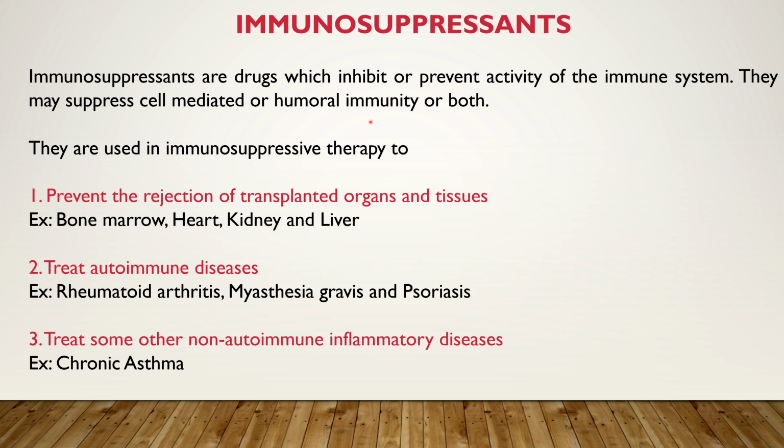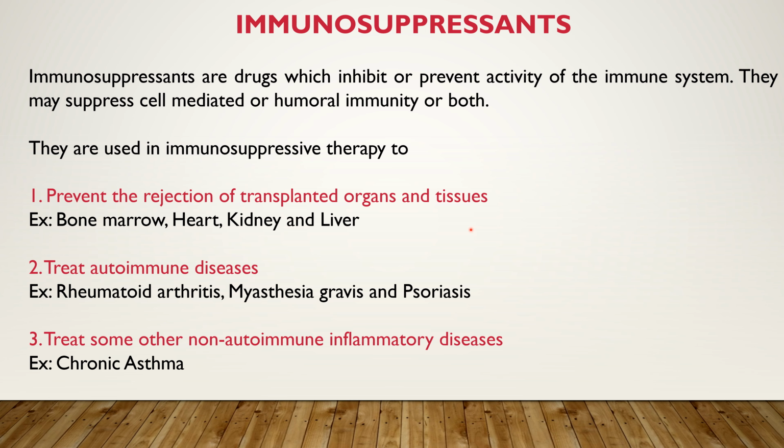So why are these immunosuppressants required? They are used to prevent the rejection of transplanted organs and tissues. You know well that if an organ is not functioning properly, for example the heart, kidney or liver, or in case of bone marrow transplantation, then either organs or tissues are transplanted.